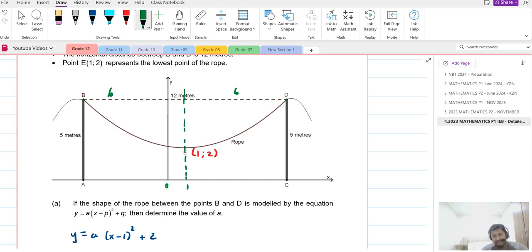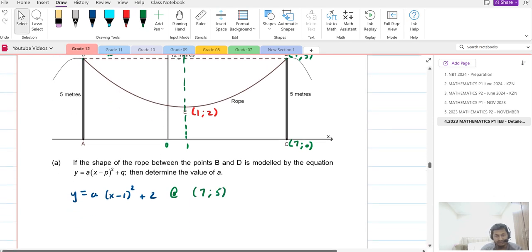So from 1 to C, 1 plus 6 is going to give me 7. So that's (7, 5), the point (7, 5) lies on this. See how you have to think, because the parabola is symmetrical. That's the axis of symmetry. So 6 and 6.